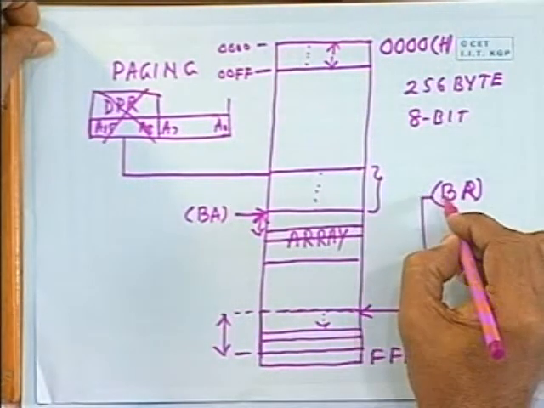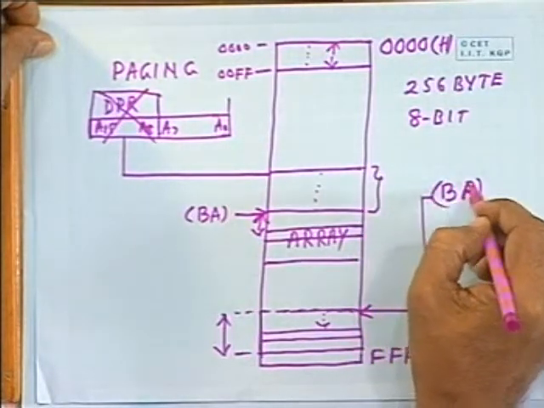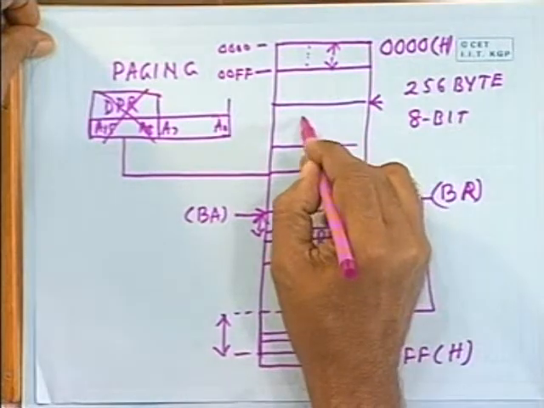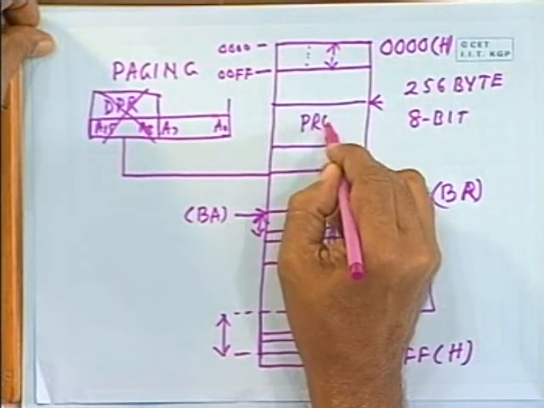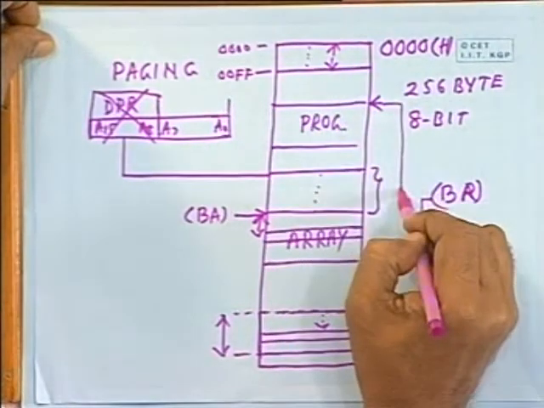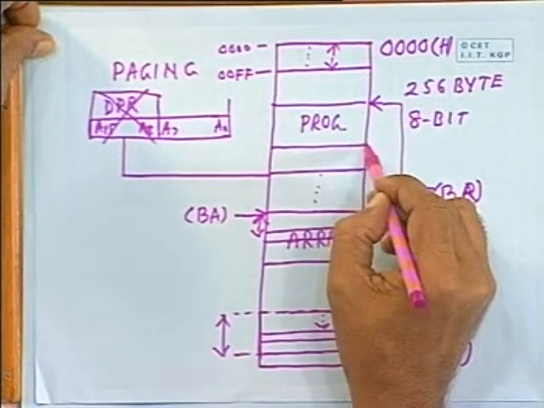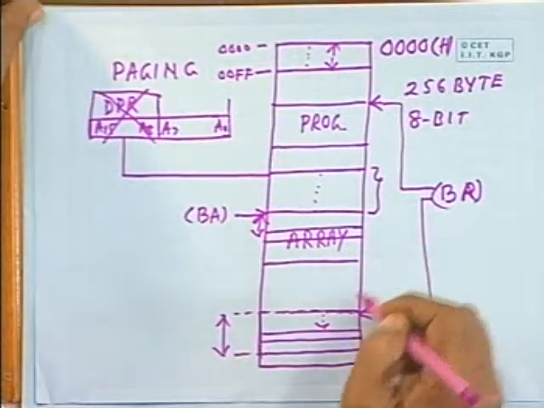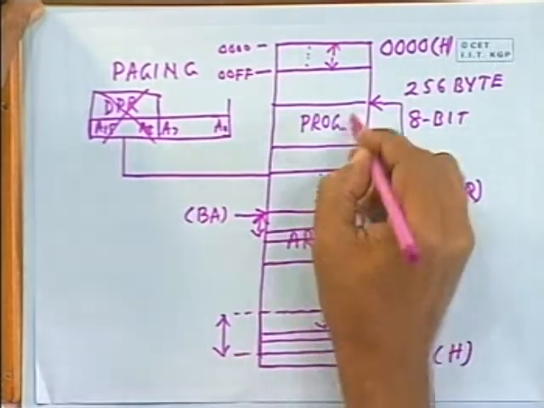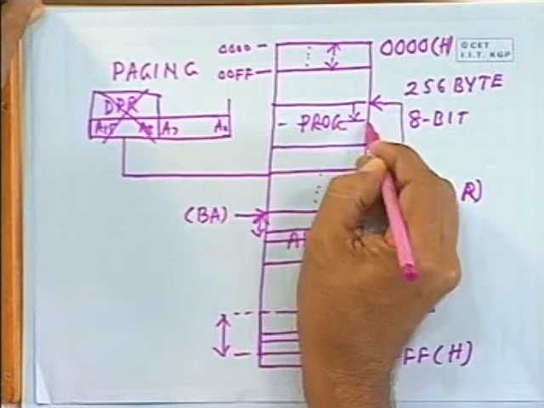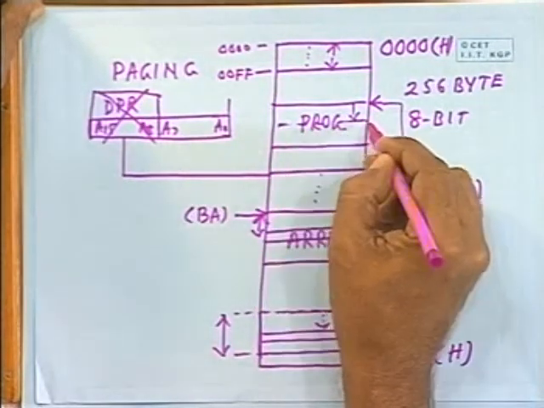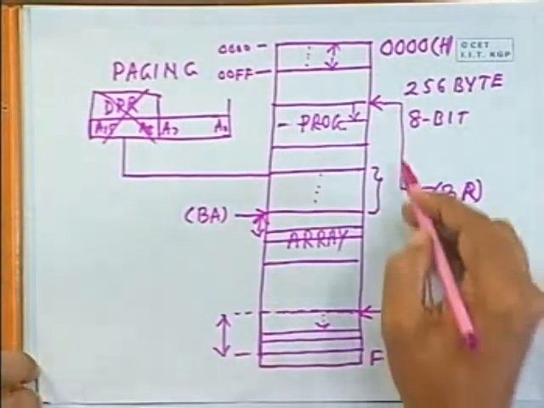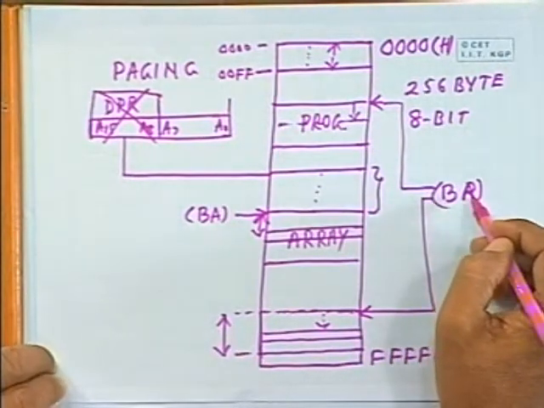What you can do is modify the base register to point to this memory location, and now your program is shifted by changing the content of the base register. Within this program, using the displacement, again you can refer to any location to get an operand. So this is how the relocation can be done by changing the base register.